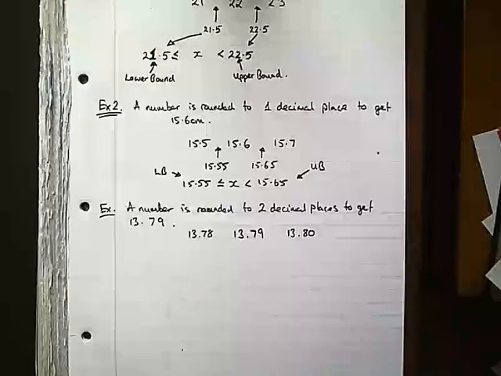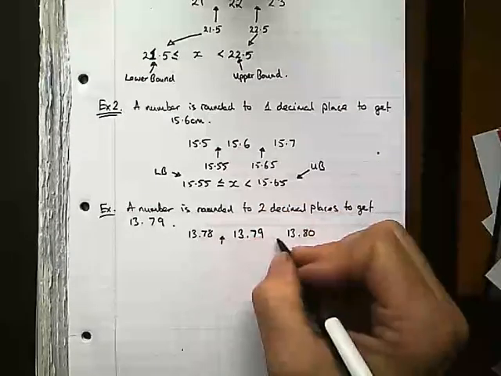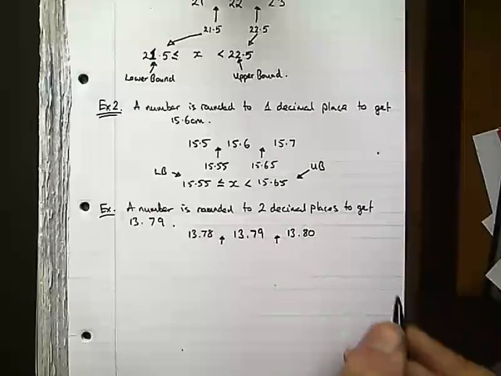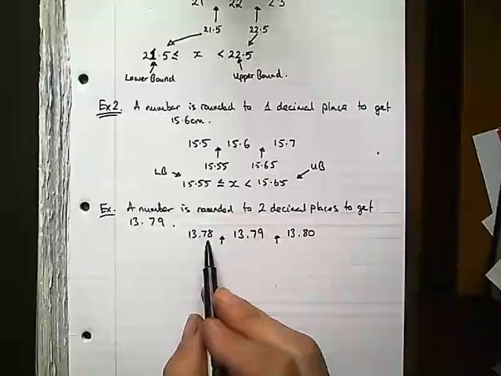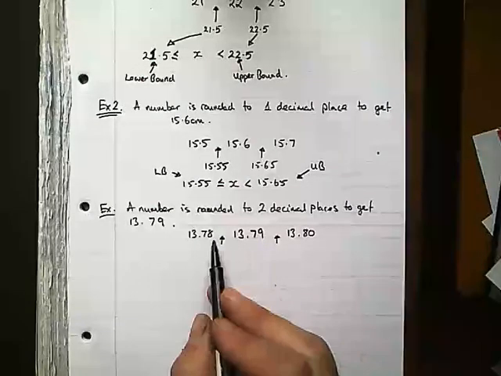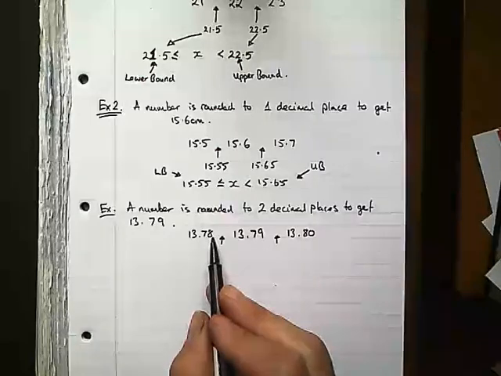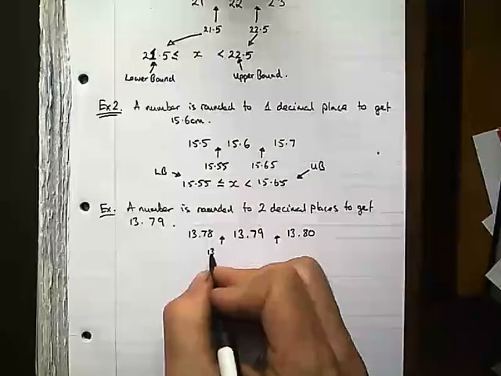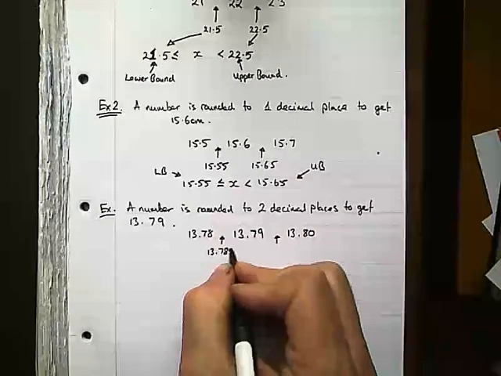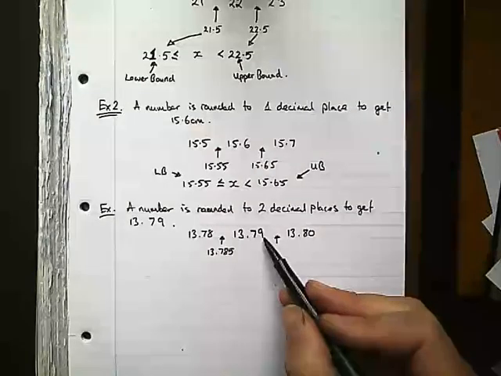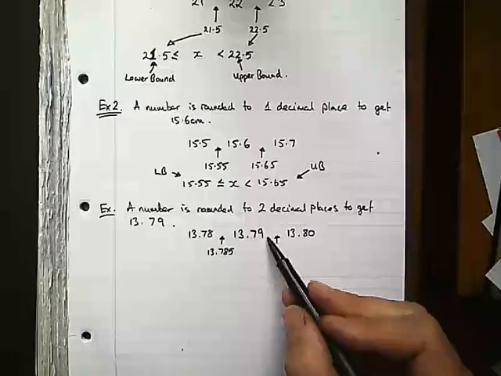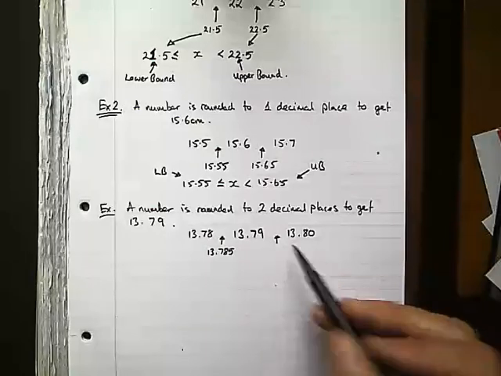The bits in the middle. The middle bit of 13.78 and 13.79, well, it's just add on a 5 to the lower number. So that's 13.785. For this one, it is just add on a 5 to the lower number, so it's going to be 13.795.